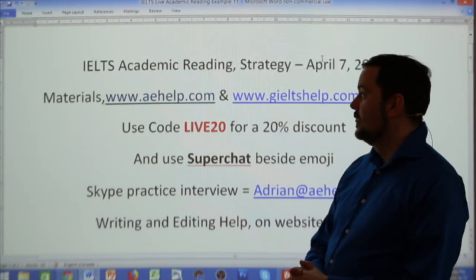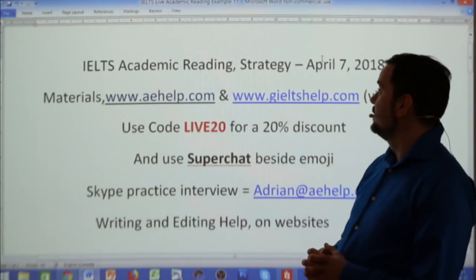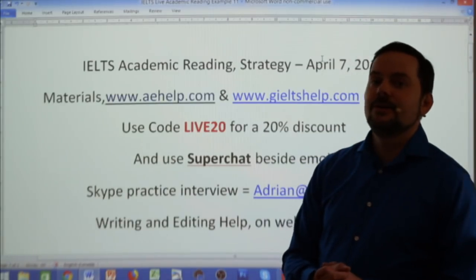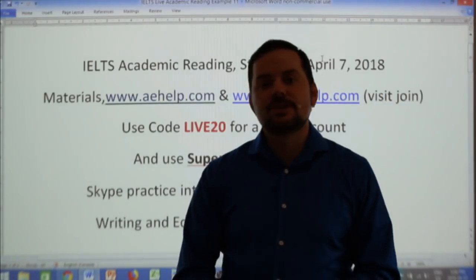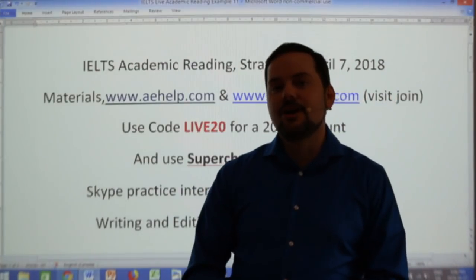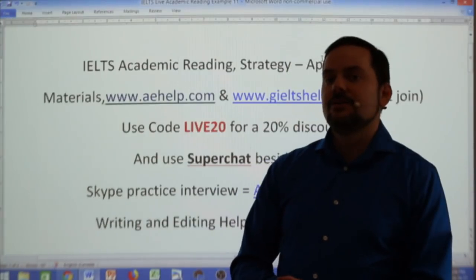So, IELTS academic reading strategy for today, second class. The first one was general reading strategy. Of course, reading for the general and the academic are similar for at least one passage, as I explained in the first class today.